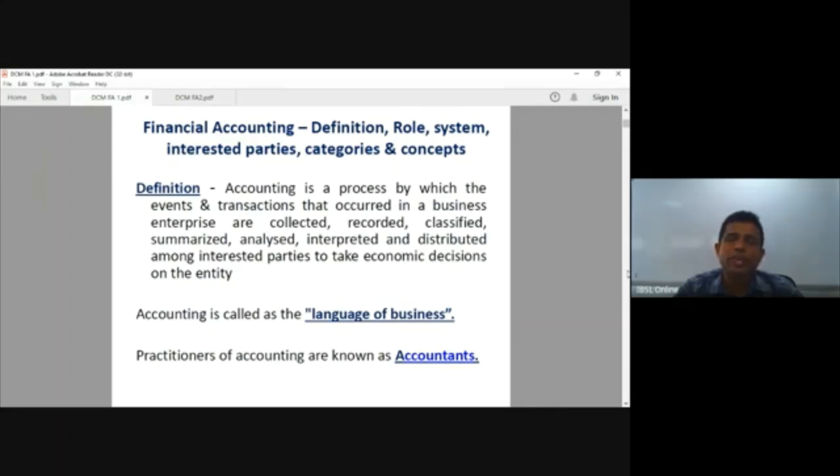When that person records the transaction, he classifies it. If it is a current account, there is a specific code given to it. Therefore, while recording, he is classifying also. Then at the end of the month, we can summarize the total money collected in the current accounts.